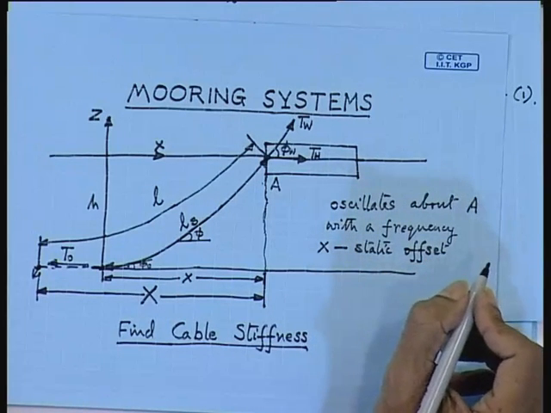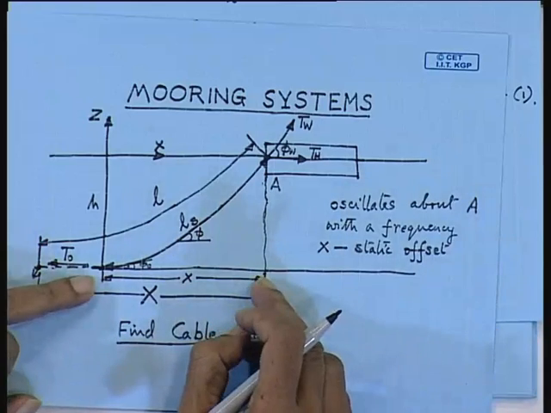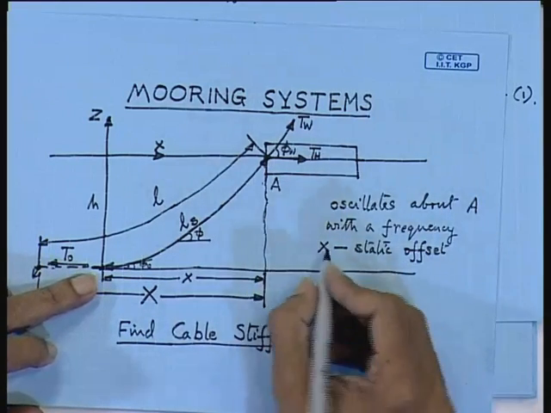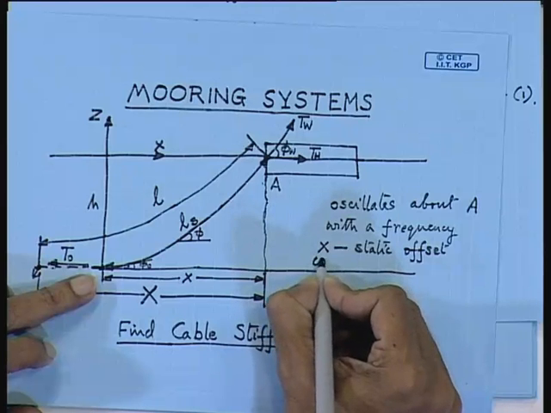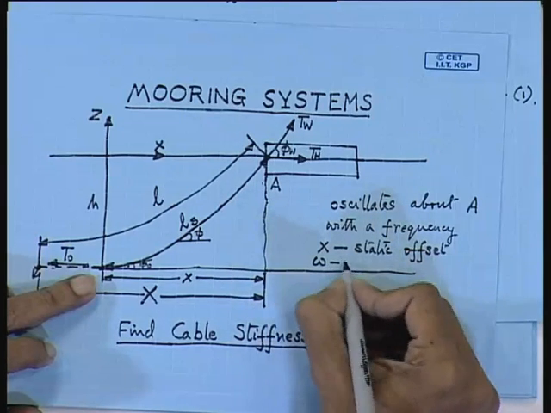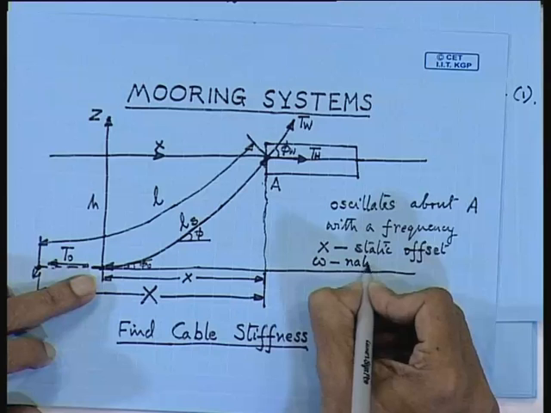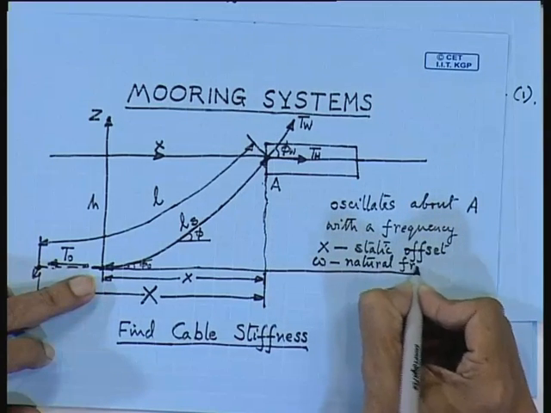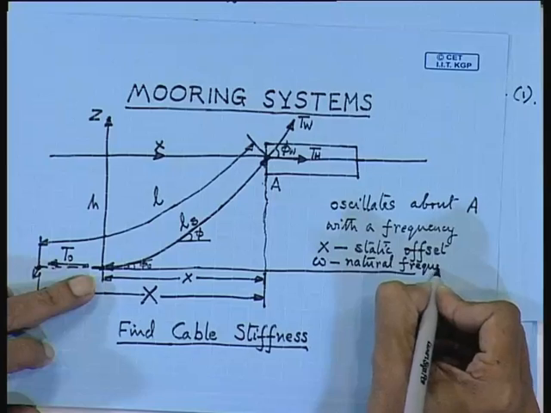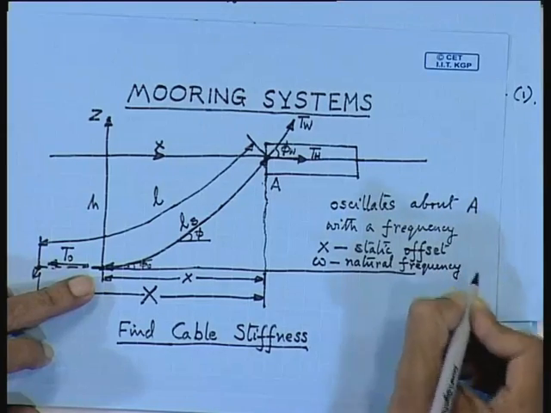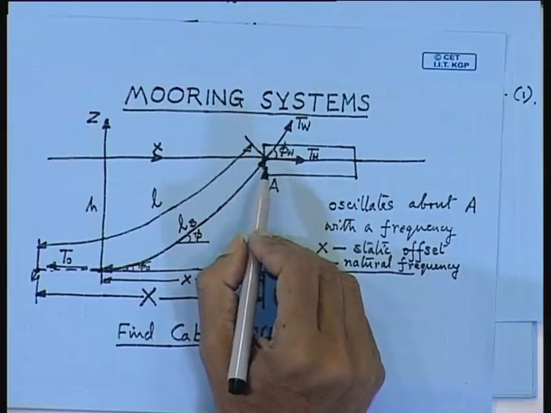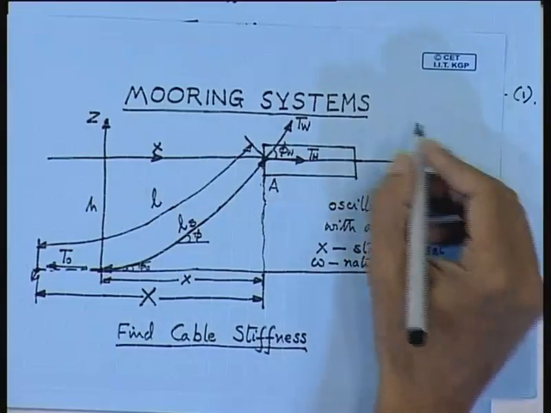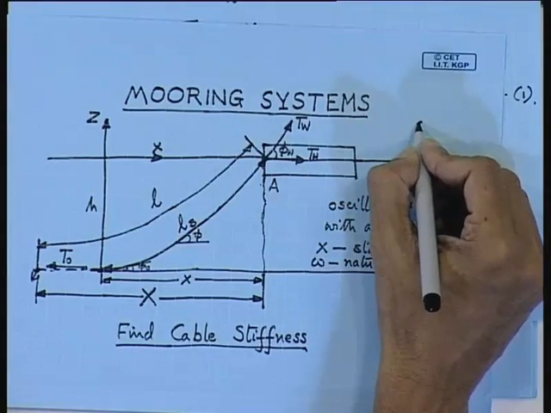Now, in our expression you have to find the small x, the static offset, and the natural frequency of vibration. You have to calculate this from your equation. Here we are considering only a single motion, let us say surge.